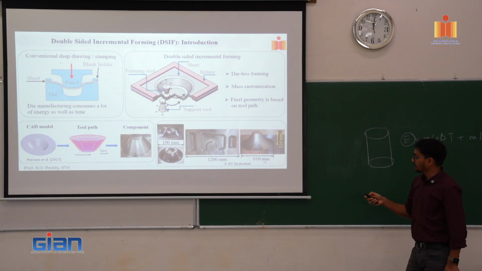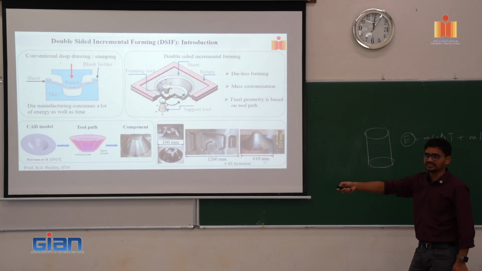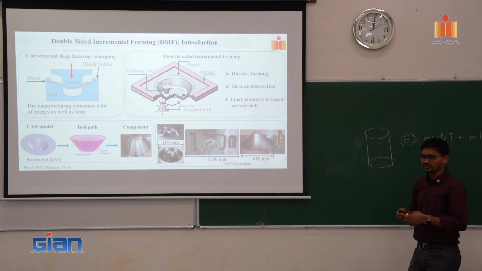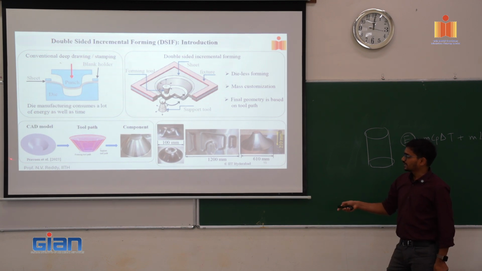Another way of doing this is double-sided incremental forming, where you have the sheet and a tool. The tool deforms the sheet and gives the required geometry of the component that you want to make. This starts with a CAD model.